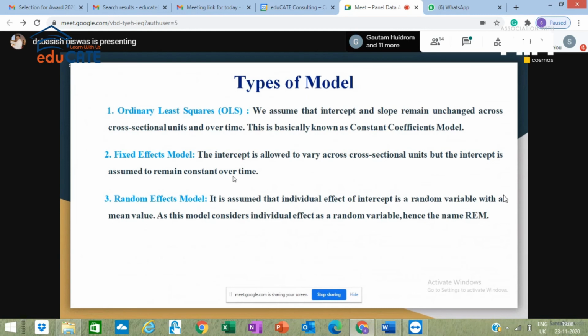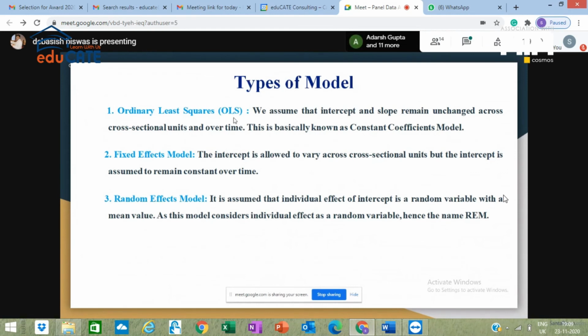So we don't know whether fixed effect model we will accept or whether the random effect model we will accept. So how we will take the decision? Using the software. The software will tell you which model will be the perfect model for your case. So do not always think that either fixed effect model or the random effect model is the best model. Sometimes the software may suggest you the OLS model is the best model.